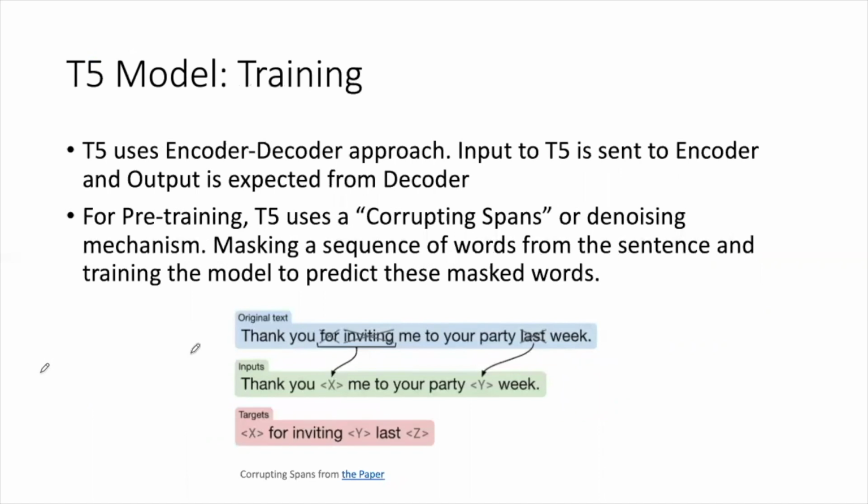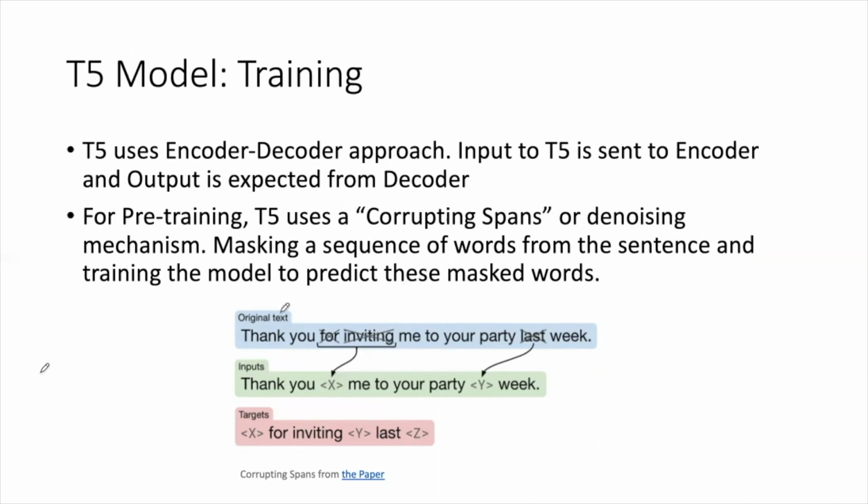The main aspect regarding the T5 model is that pre-training is done on both the encoder and the decoder. The procedure of pre-training is through corrupting spans, a denoising mechanism.